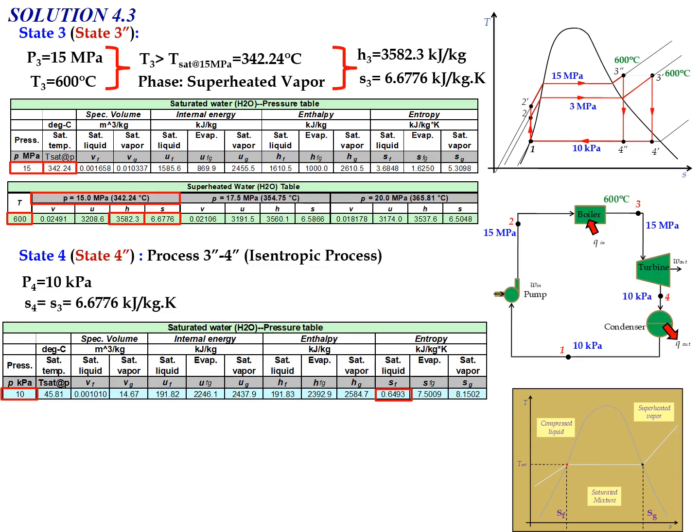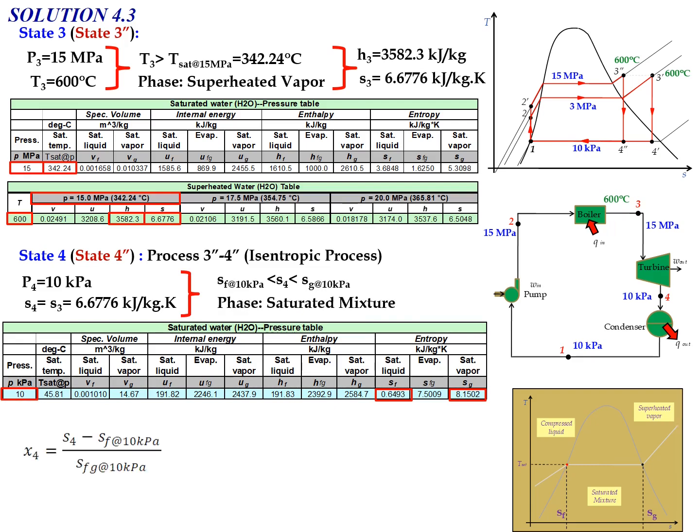Compare with the values of SF and SG in the table. We know that S4 is in between SF and SG, so the phase is a saturated mixture. Determine the new quality of the steam at state number 4, which is X4. The value of X4 equals 0.8037, which is equal to 80.37%.